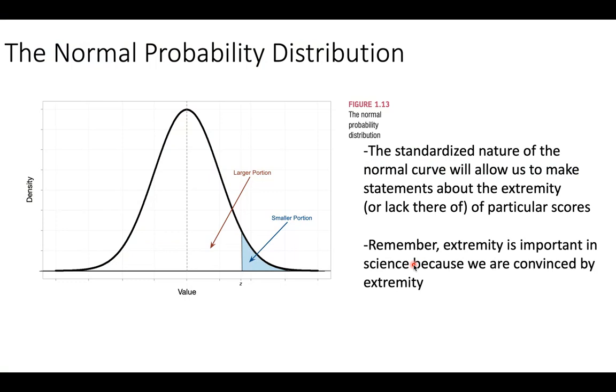So, the first thing we need to talk about is the normal probability distribution, often called by a few different names, most commonly the normal curve. Basically, this curve represents the frequency of scores in a population on any normally distributed variable.